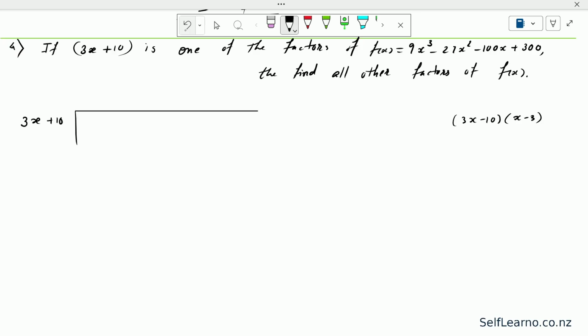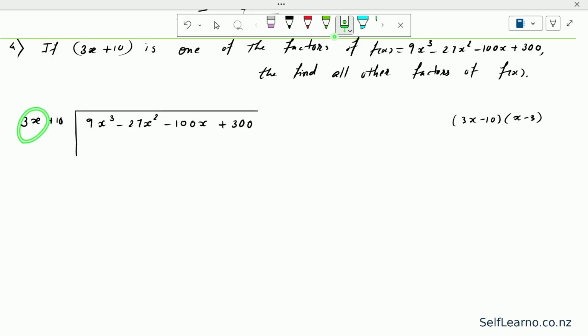I'm trying it over here. 9x cubed minus 27x squared minus 100x plus 300. Okay, so we have 3x and we want 9x cubed.